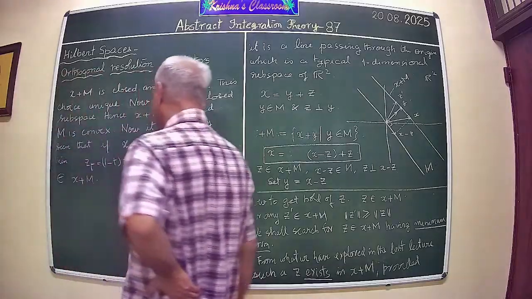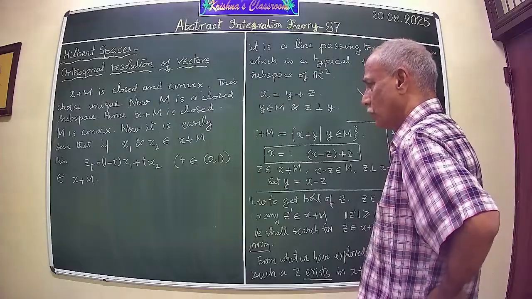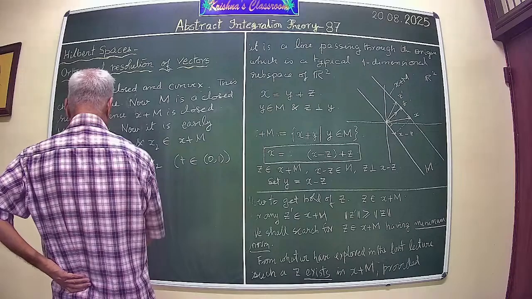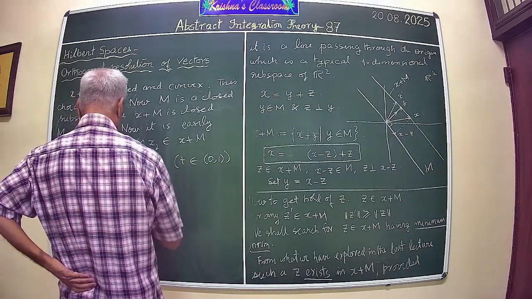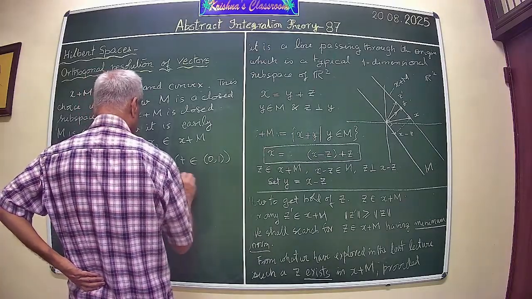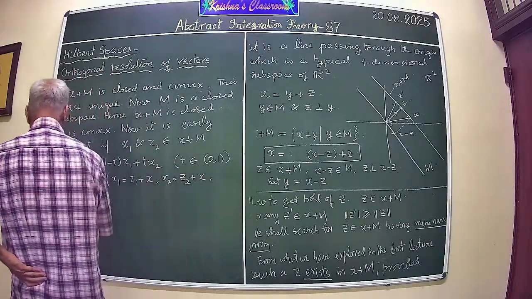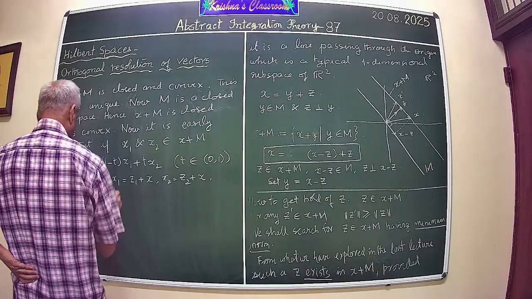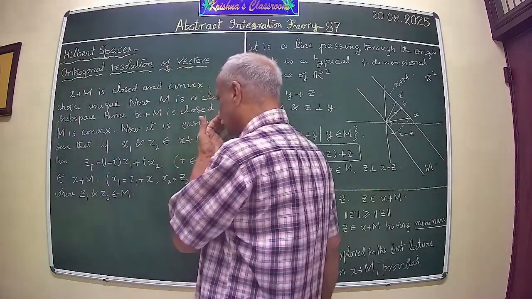This is quite easy to prove because you see that x1 is equal to z1 plus x, x2 equal to z2 plus x, where z1 and z2 belong to m. So compute this.